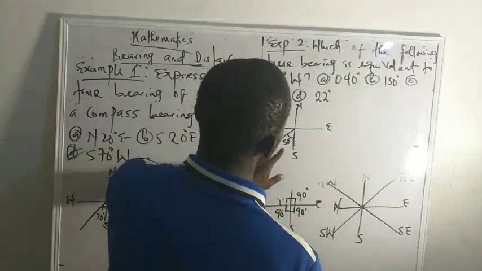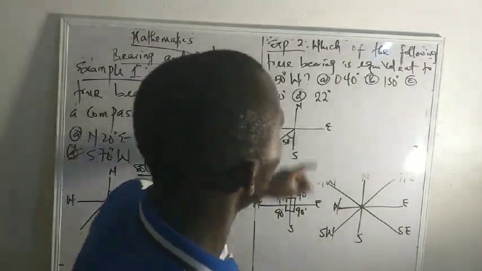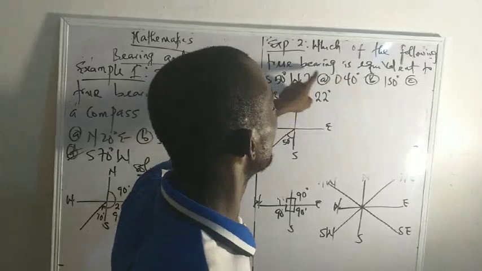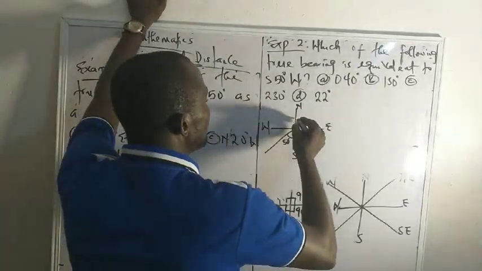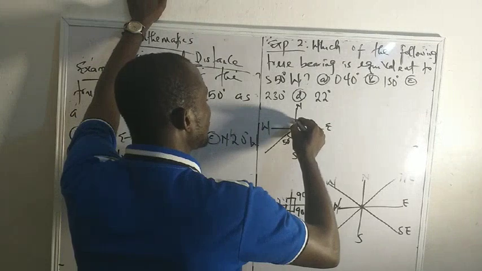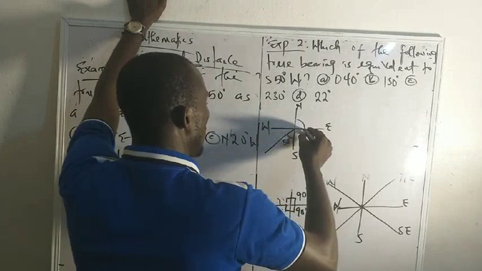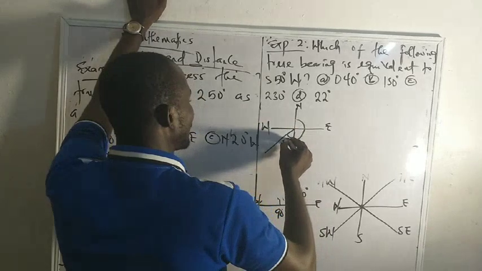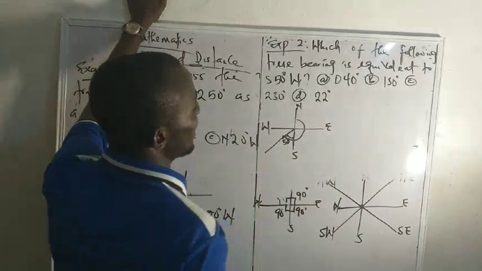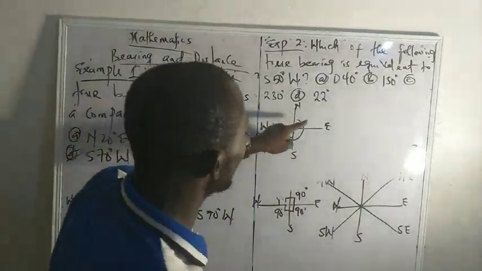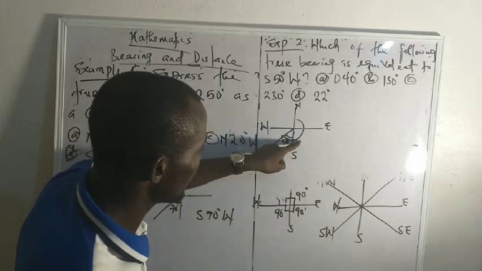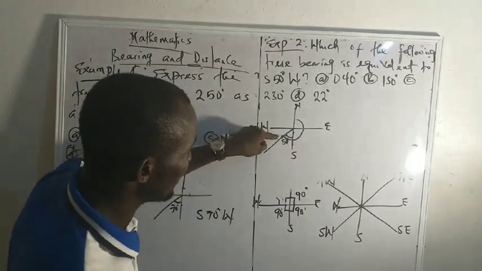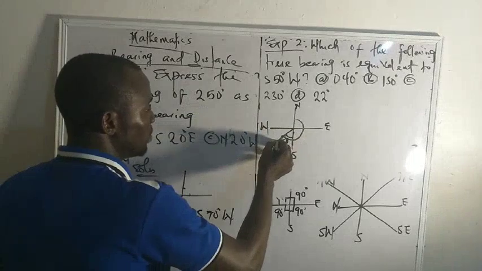Now when they say which of the following true bearing, it means by the time we start from the north, what angle are we going to obtain by the time we get to this particular place? That is what they are asking us. What angle did we turn for us to get to this line?